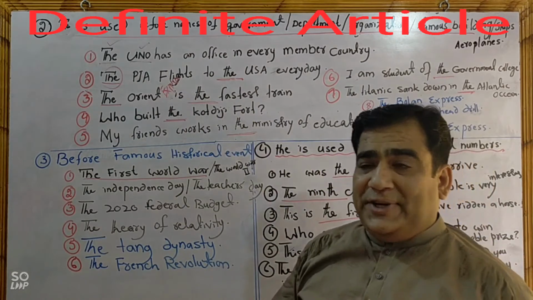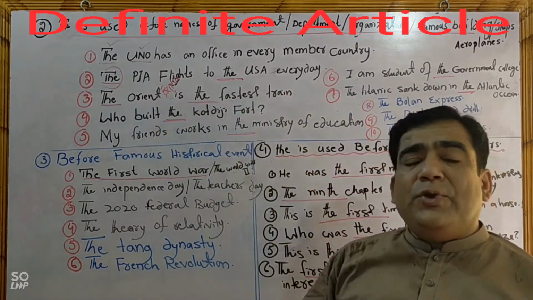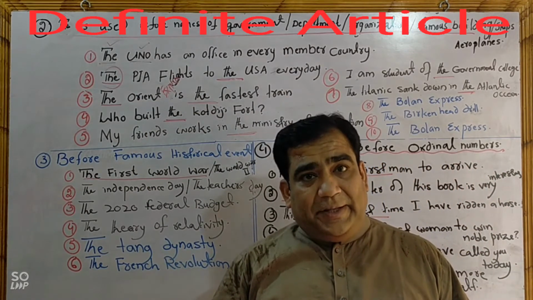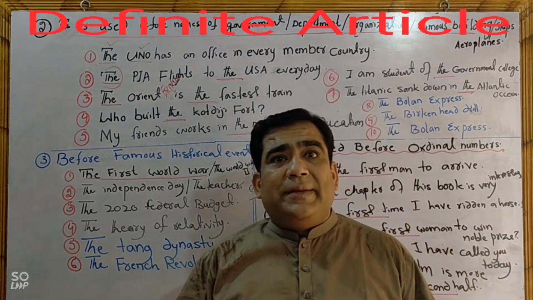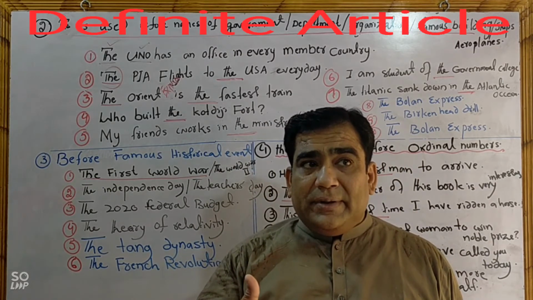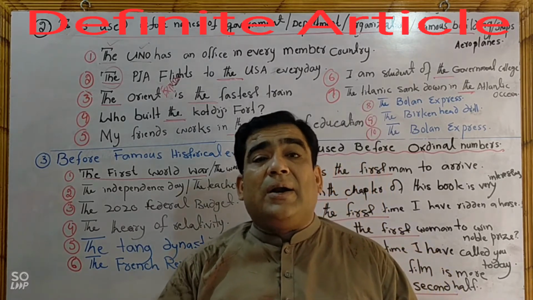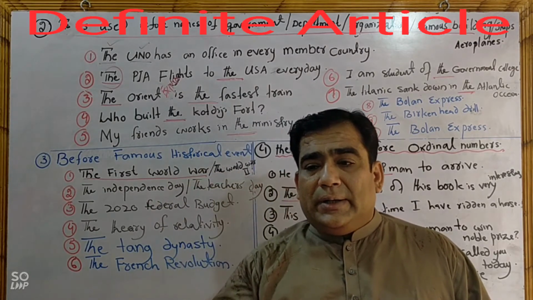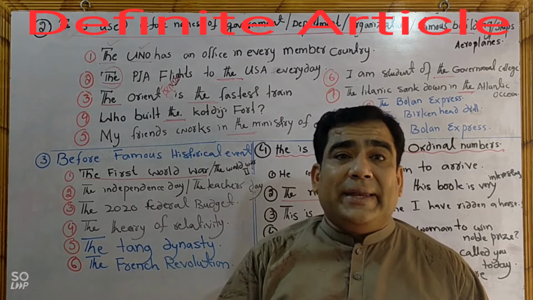Do you know, we generally call a train an express, and we call aeroplanes generally flights, but we call a ship that takes goods a cargo. A ship that takes passengers we call a liner.